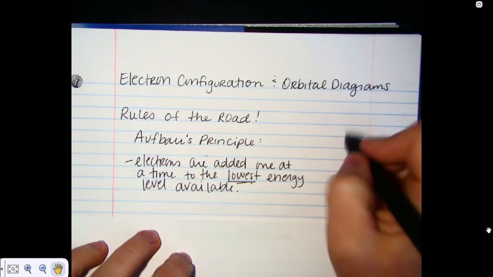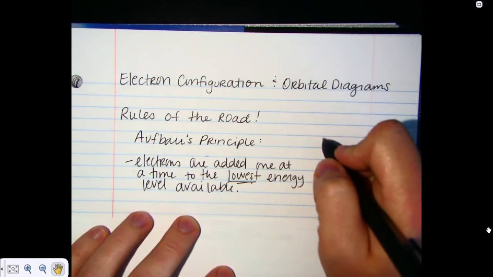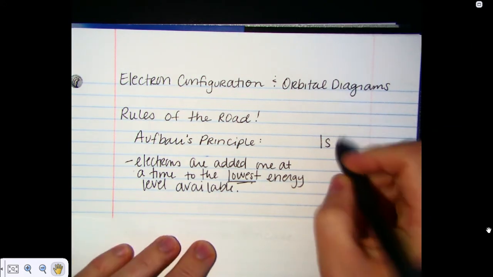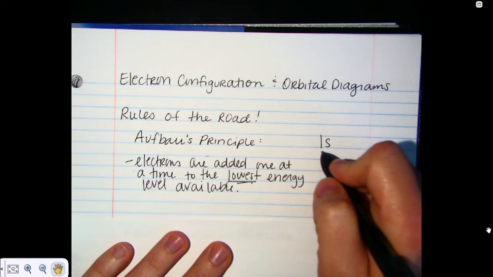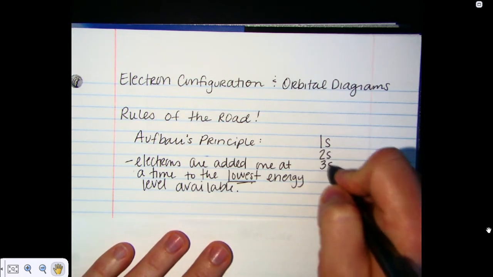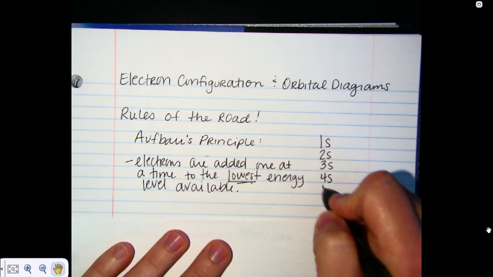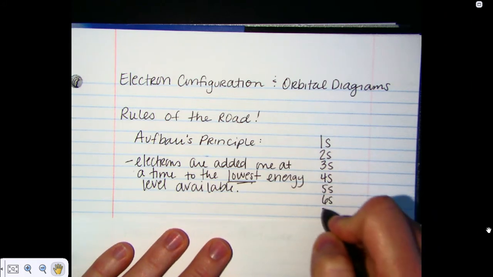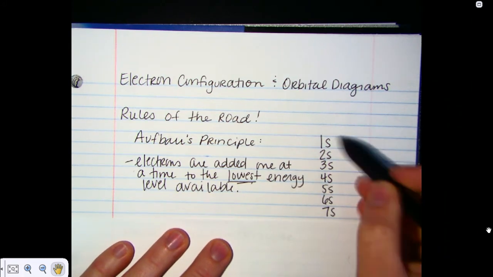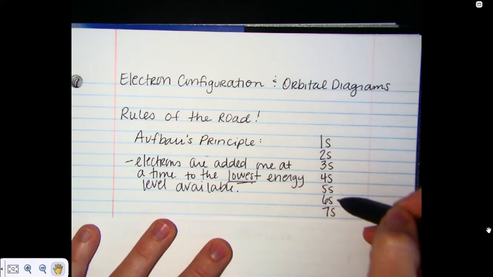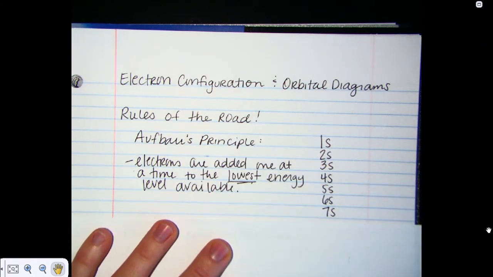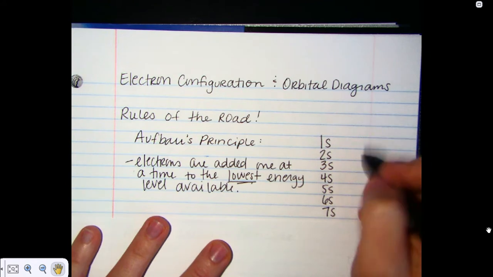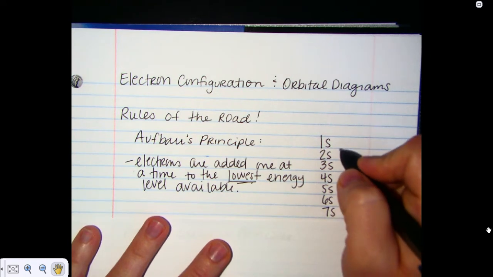You're filling it in the same way. It's just whether the particular author of that diagram went top down or bottom up. Okay, so I'm going to start top down by writing all of our s energy levels first. So 1s, 2s, 3s, 4s, 5s, 6s, 7s. In our energy levels, remember that s is the least energetic sublevel. Then we're going to fill our next least energetic sublevel, which is p.